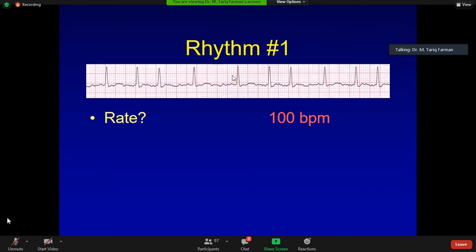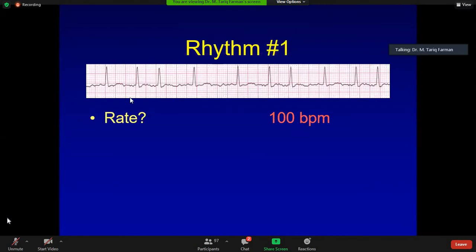So you have 10 QRS complexes over this 6-second ECG strip. Now you need to multiply this number by 10. So 10 means 100. So this is the 100 rate.